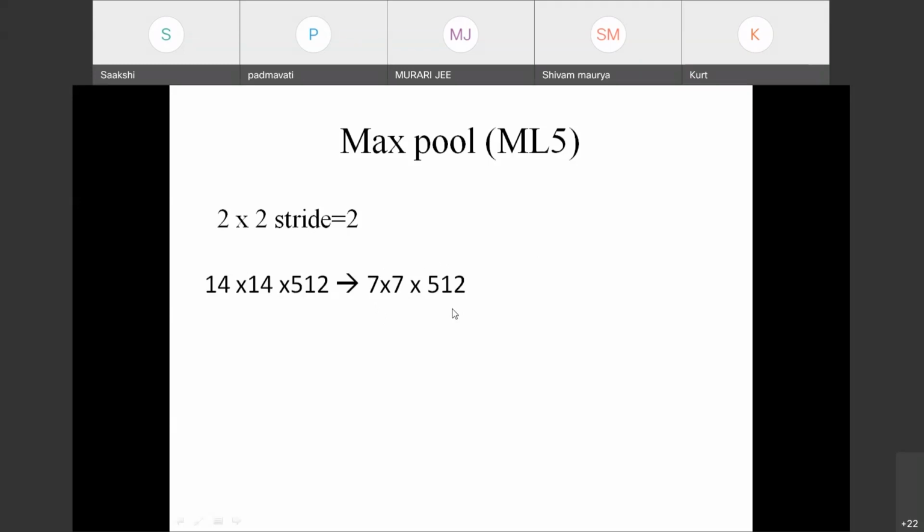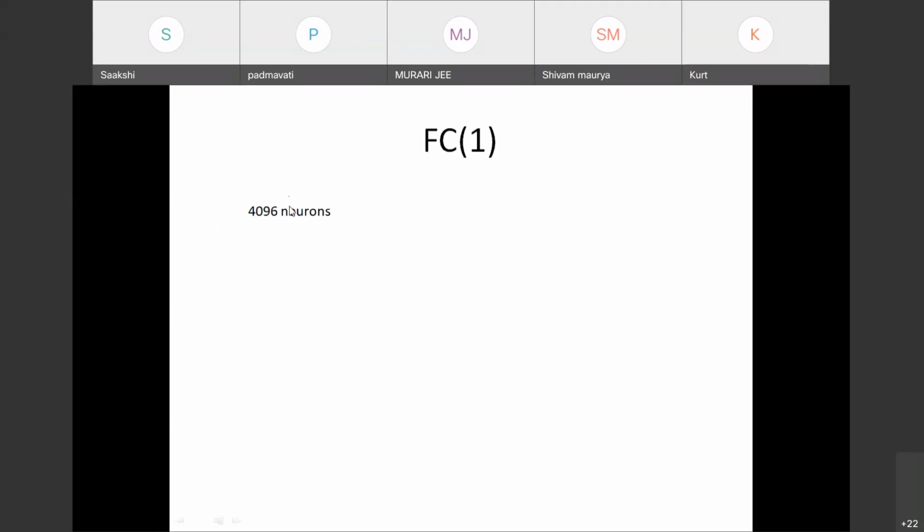So those many neurons will be connected with 4096 neurons in the fully connected layer. The first fully connected layer has 4096 neurons in it, which is the same as the number of neurons in the first fully connected layer of AlexNet. This is the second fully connected layer.